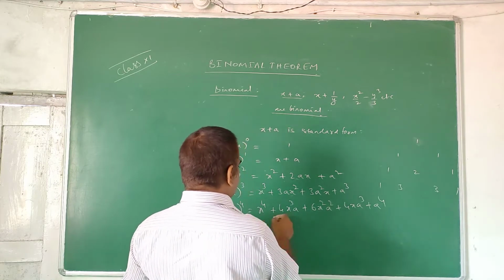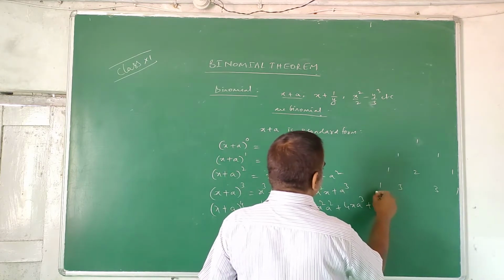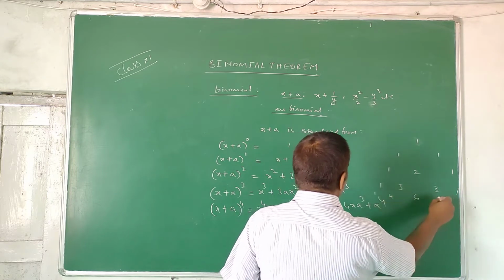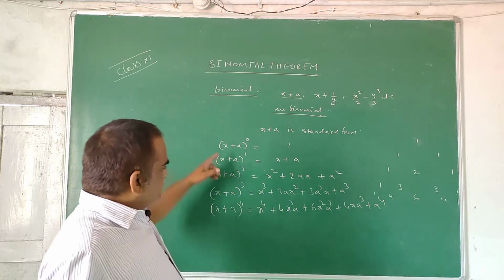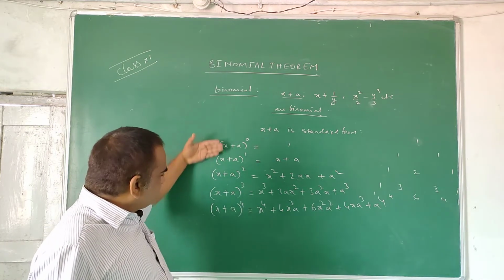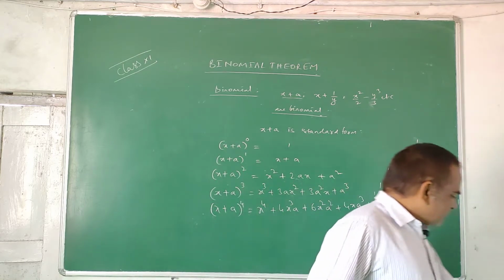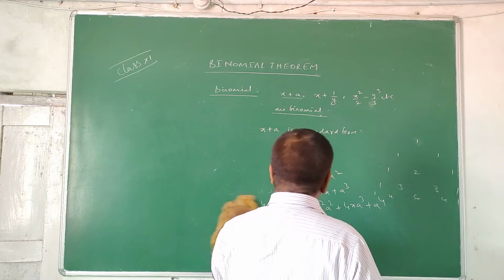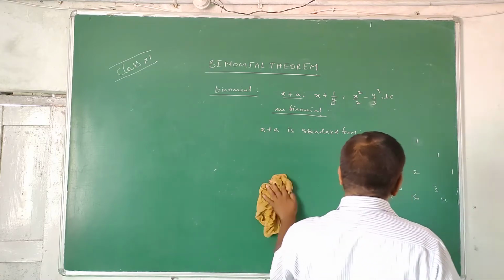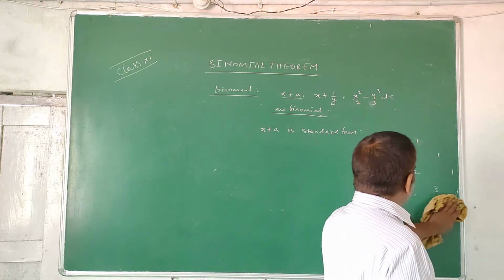When the index is 4, the coefficients are 1, 4, 6, 4, 1. Like this, if you observe all these expansions, the coefficients are following a certain pattern. Now I'm cleaning this board.